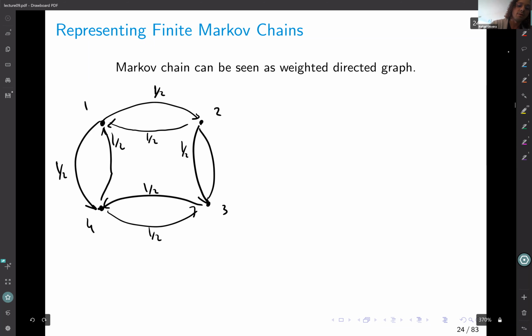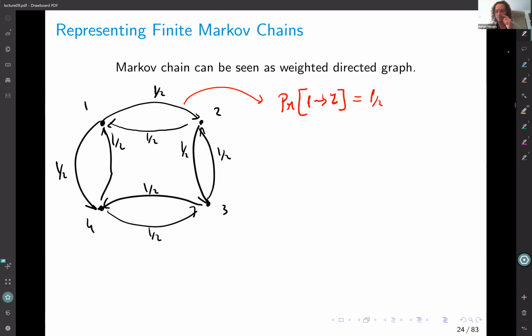You can see that this random walk can be seen as a directed weighted graph, which is exactly the Markov chain graph, because each edge, like this edge, encodes the probability of going from 1 to 2, which is a half. Does that make sense?